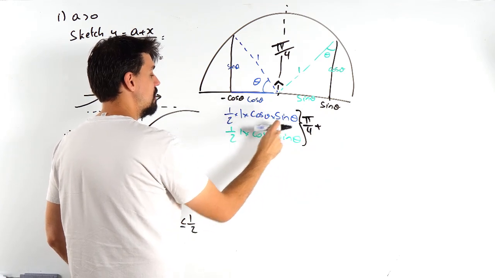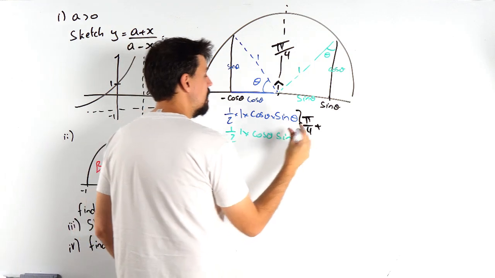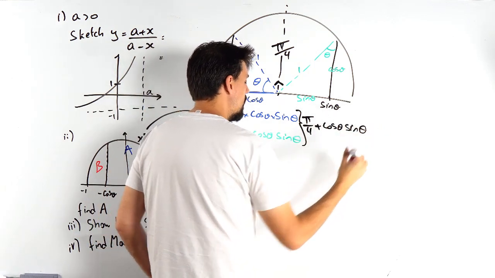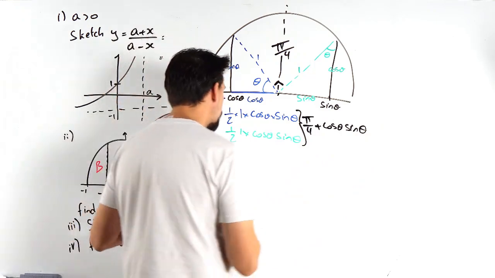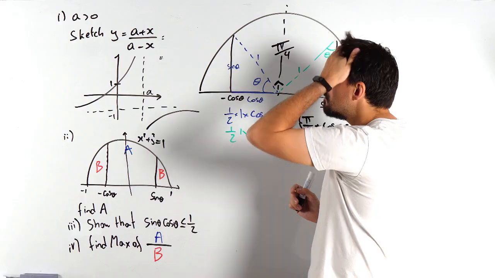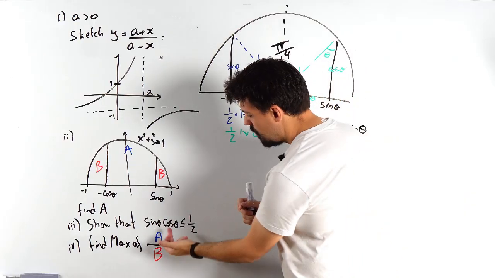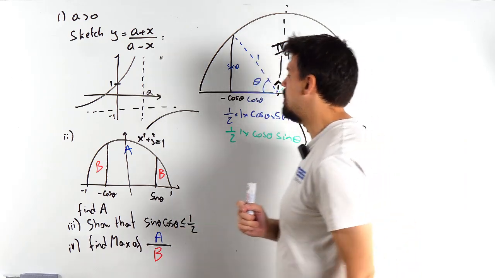It's a half cos theta sine theta and a half cos theta sine theta, so that is just cos theta sine theta. Okay, I can take that. That seems nice. Let's put a condition on sine theta cos theta.